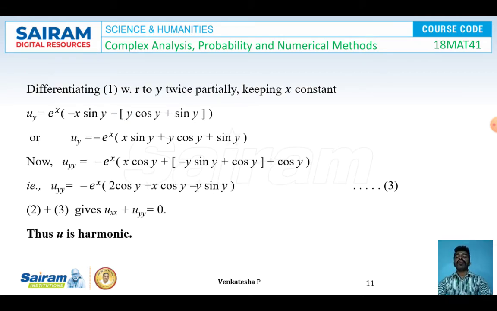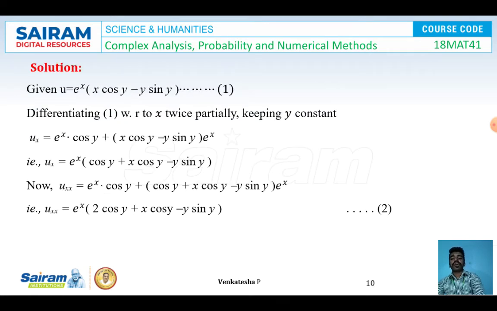Similarly, differentiating u partially with respect to y twice, keeping x constant. So differentiating u with respect to y, I got e power x, I am keeping as it is because it's a constant term. Differentiating the inside function, so keeping x as it is, differentiating cos y, I got minus sin y, so I got minus x sin y.